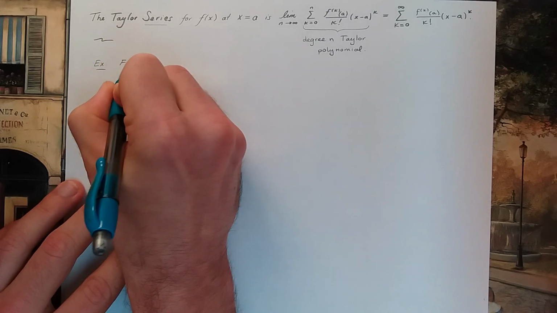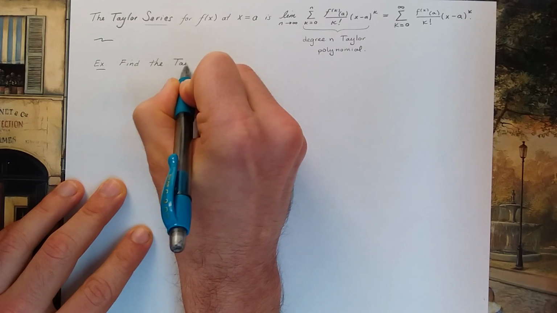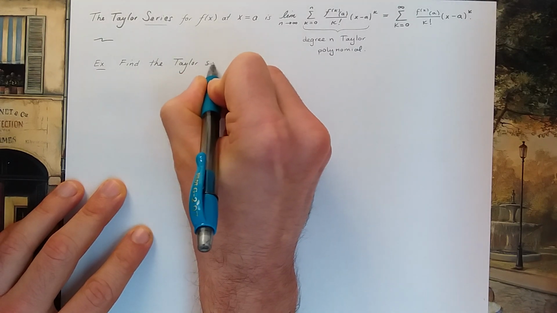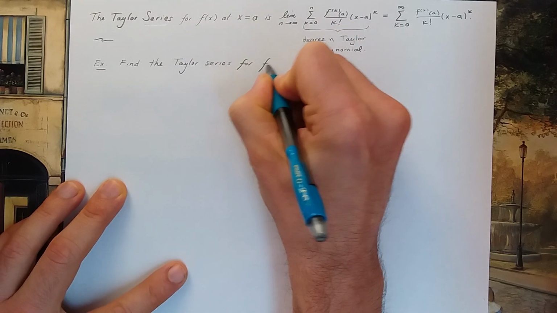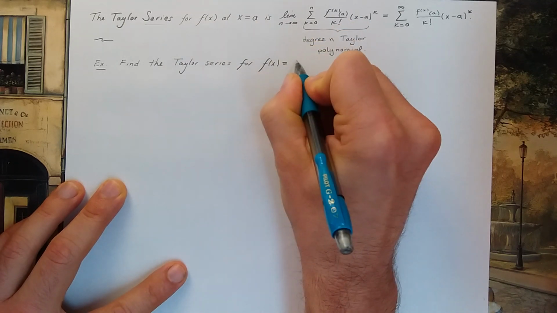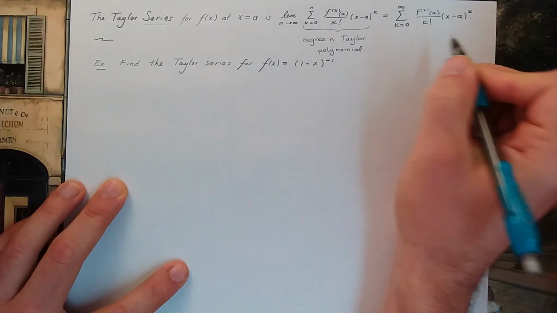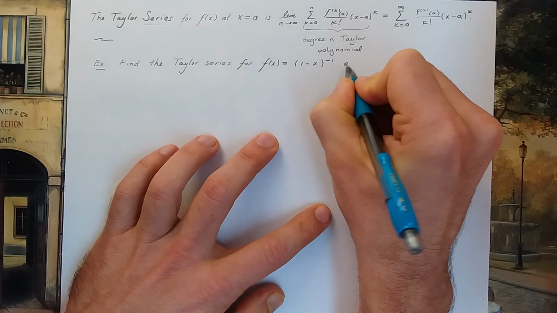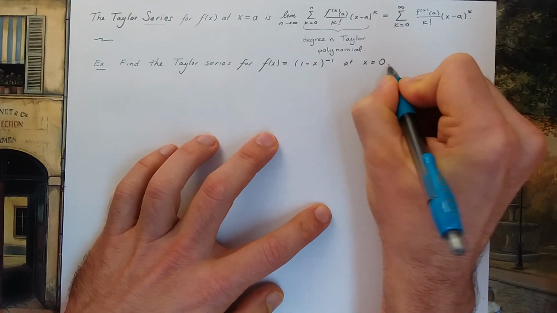So let's find the Taylor series for the function f of x equals 1 minus x to the negative 1 power at x equals 0.